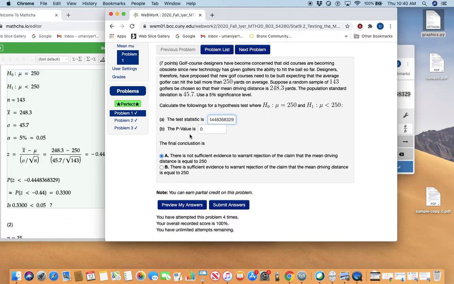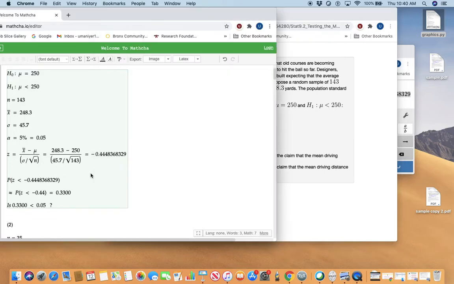The p-value. Well, you want Z less than this. Why did I choose less than? Because that is the left-tailed test. So you want Z to be less than this. I will round it to 2 digits, 4, 4. The one after that is a 4. So I'll just keep it 0.44. All right. Now use your table.